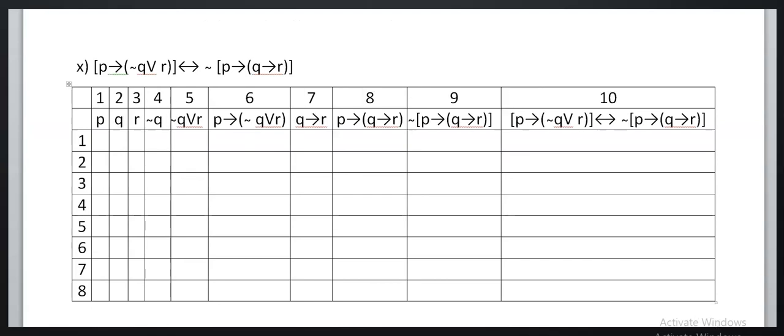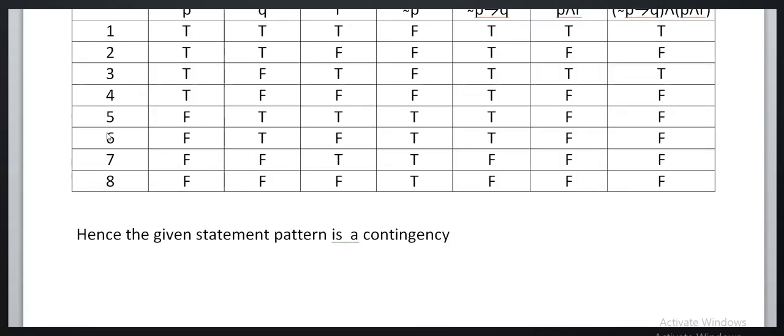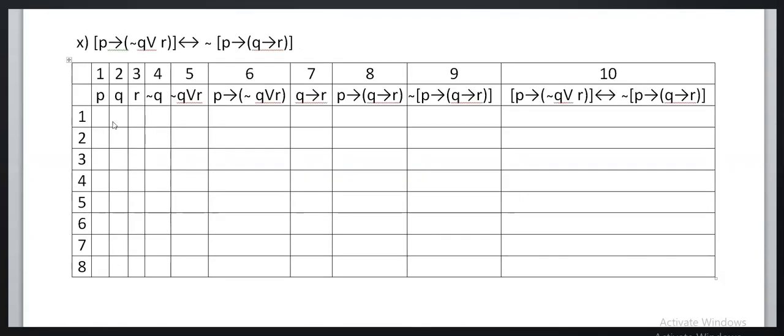Now the next, the 10th: P implies in bracket negation of Q or R, double implication negation, P implies in bracket Q implies R. So we will write here P: TTTTFFFF. Next Q is TTFF TTFF, and R is continuously TF TF TF.